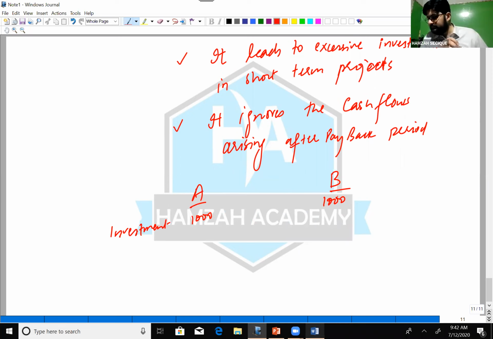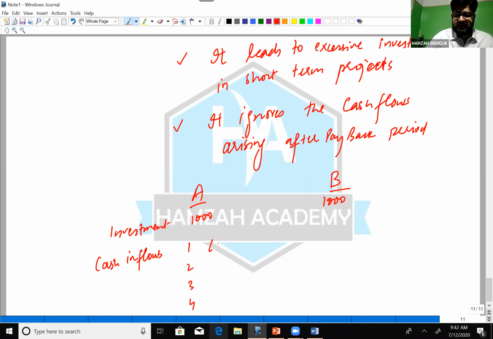And second, cash inflows. For example, year 1, 2, 3, 4. Project A is giving inflows of 600 million, 400 million, 100 million, 50 million.